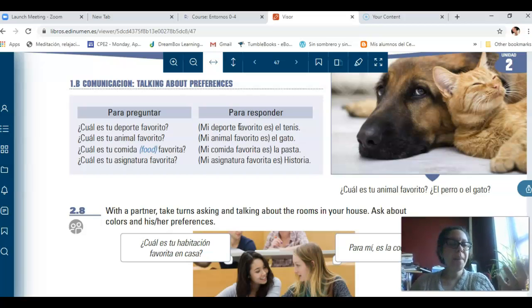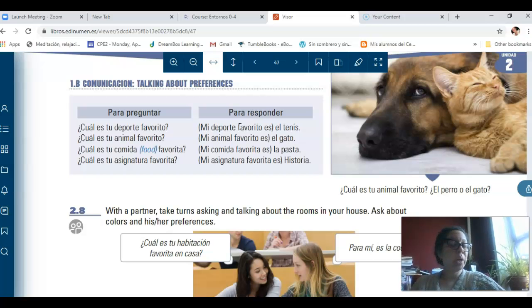¿Cuál es tu animal favorito? ¿Es el perro? ¿Es el gato? And again, the same structure to answer. Mi animal, and then favorito es, and then I say el perro, el gato, ¿sí? ¿Cuál es tu comida favorita? Mi comida favorita es la pasta. Mi comida favorita es la pizza.